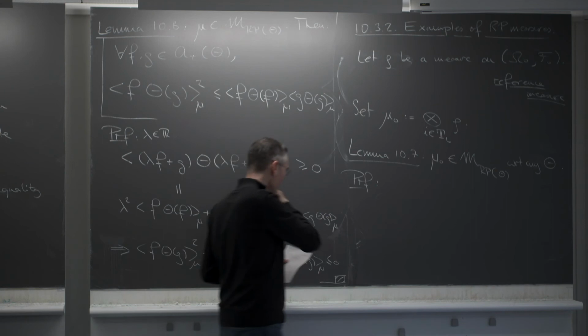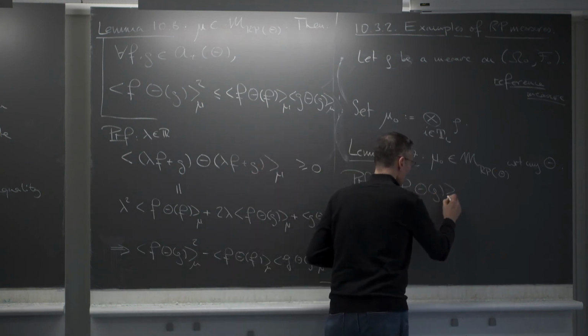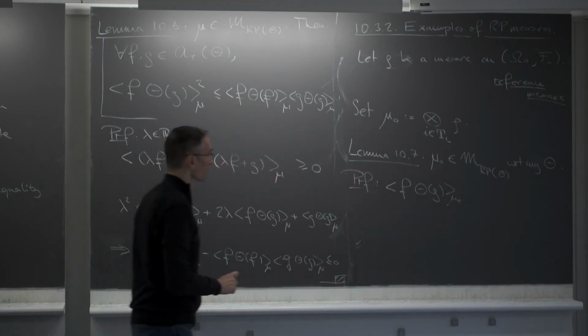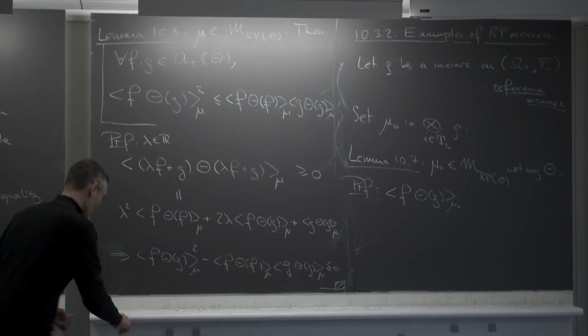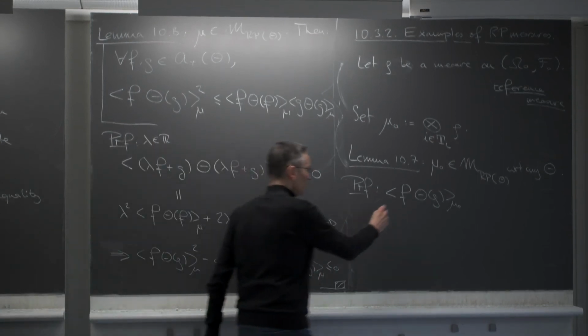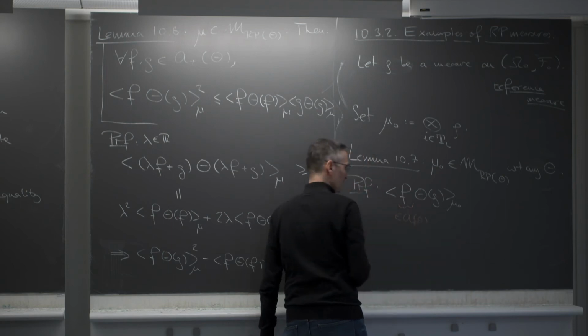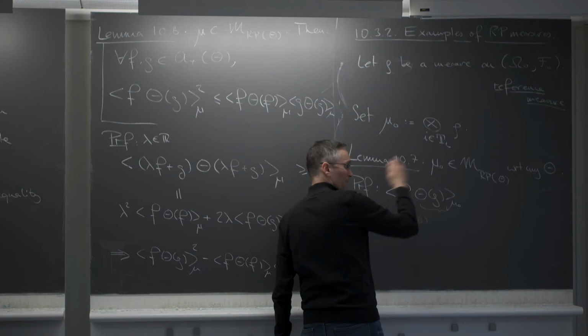Well, you have to write mu 0 of f theta g. By assumption, f and g are both in A plus, which means that f is in A plus of theta, and theta g is in A minus of theta: g was in A plus, but theta g is pushed to the other side.